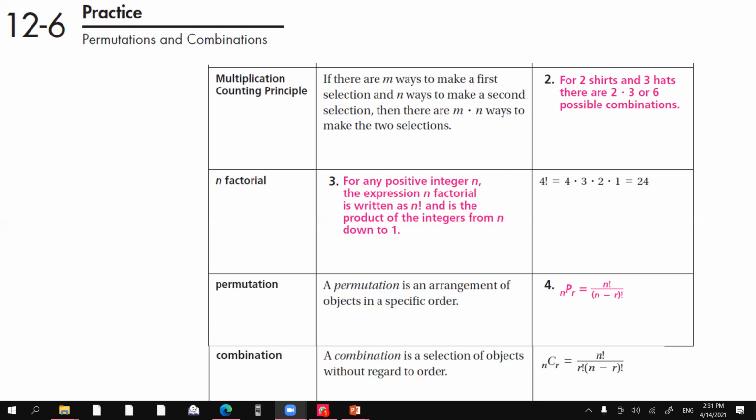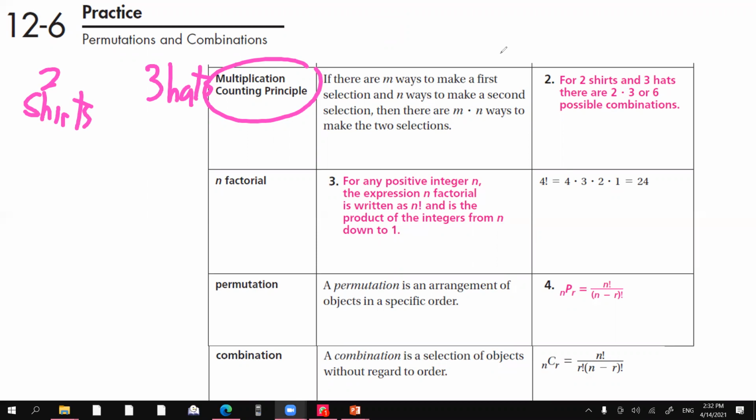Now, how can I use it? The first one is the multiplication counting principle. It means, if one morning you wake up and want to choose a hat and a shirt to wear, and when you open your cupboard you find that you have 2 shirts and 3 hats, you need to choose 1 shirt with 1 hat.